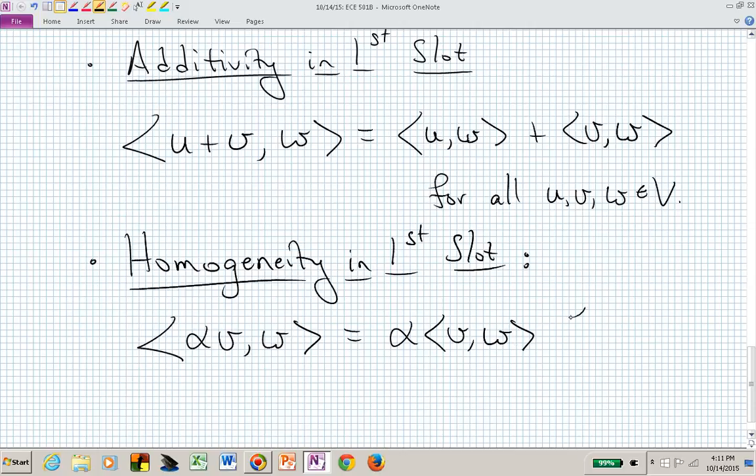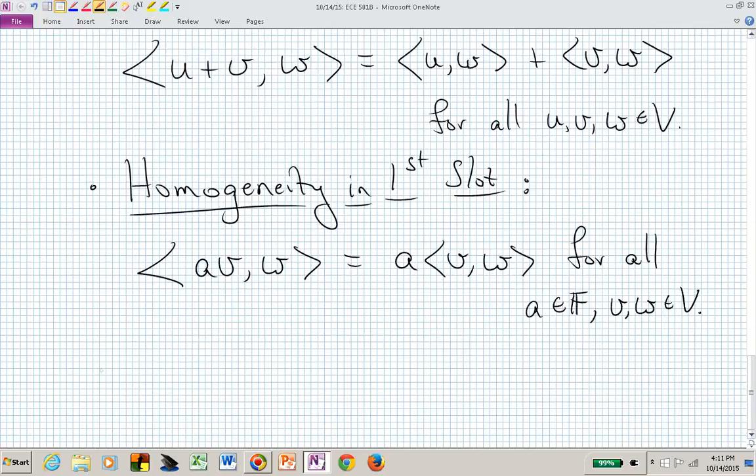And this is true for all scalar alphas. Whoops, why did I say alpha? Let me call it a for now. For all a of our scalars and v and w vectors.